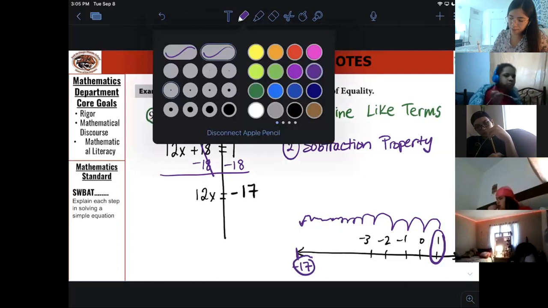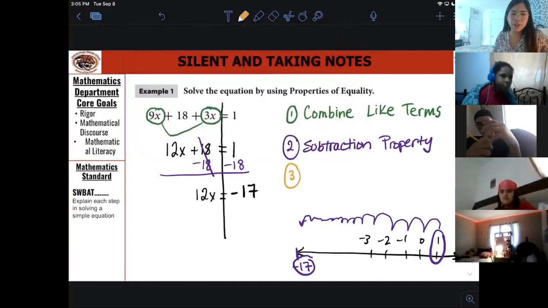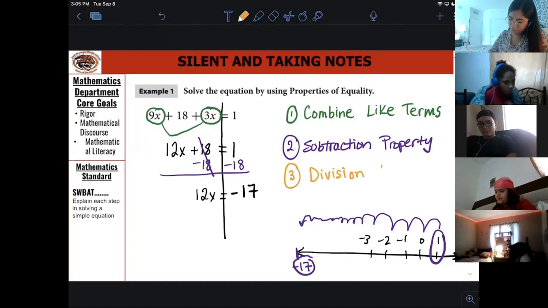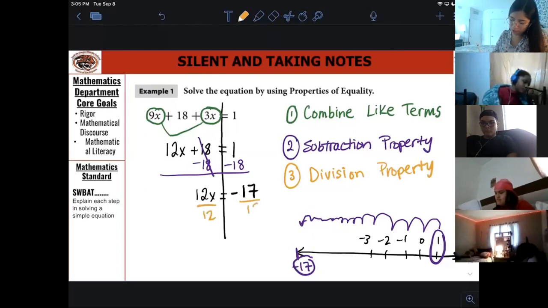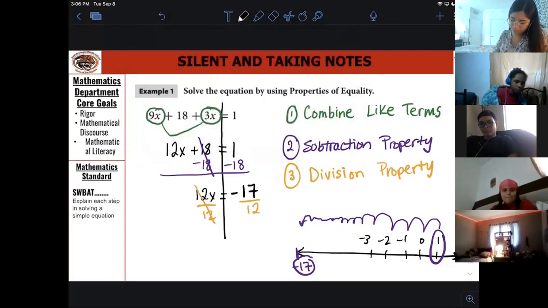All right, final step. What operation should I use for my final step? Division. Division, exactly. I'm using my division property. I'm going to divide by 12 on both sides to get rid of my 12. And is this going to be a fraction or a whole number?